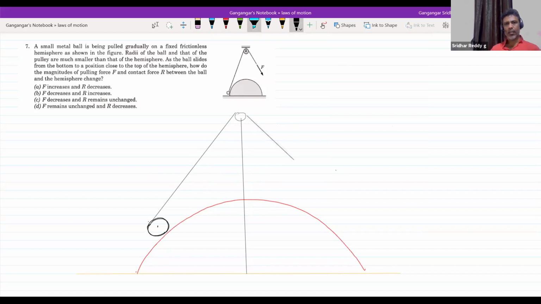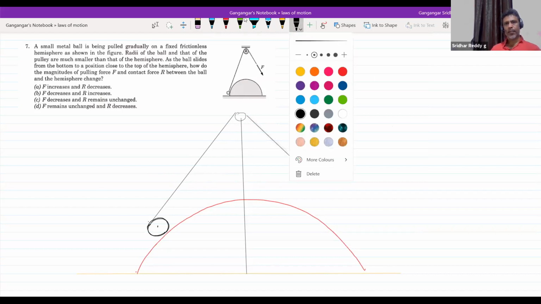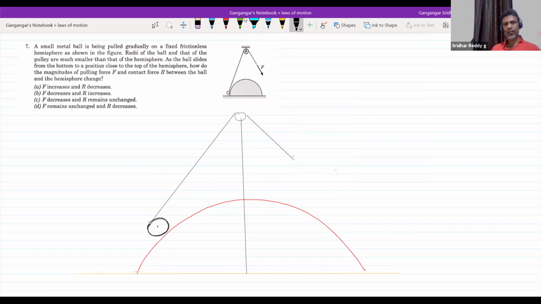Okay, this is about the initial diagram. Oh, it's a particle, no? This is.